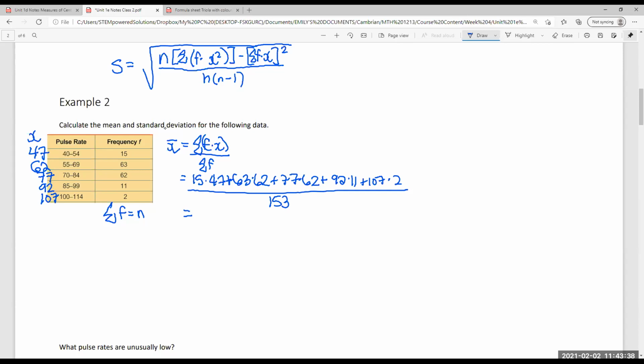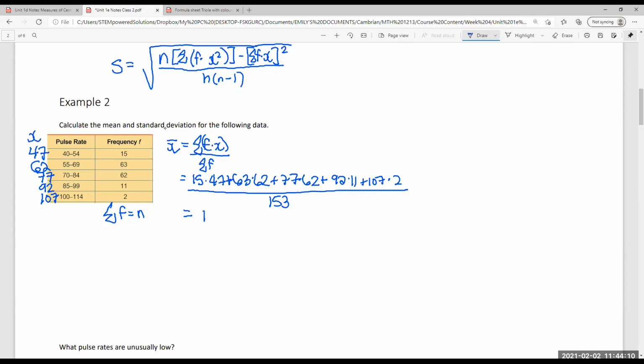So in order to calculate the mean, I'm going to take 47 times 15 plus 62 times 63 plus 77 times 62 plus 92 times 11 plus 107 times 2.